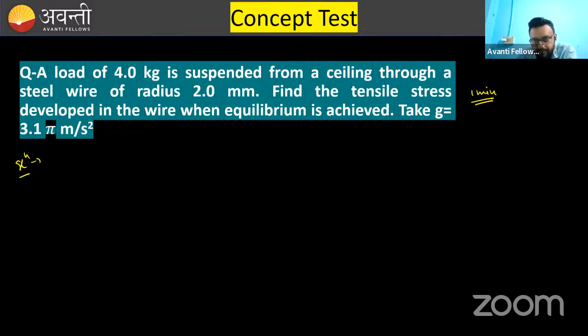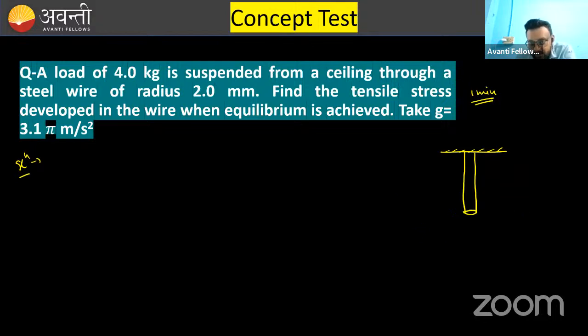There is a ceiling like this, and a load of 4 kg is suspended from the ceiling through a steel wire. So first of all, make a steel wire. This is a steel wire which has some radius, 2 mm.